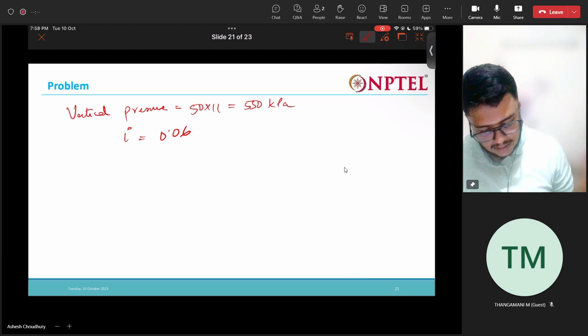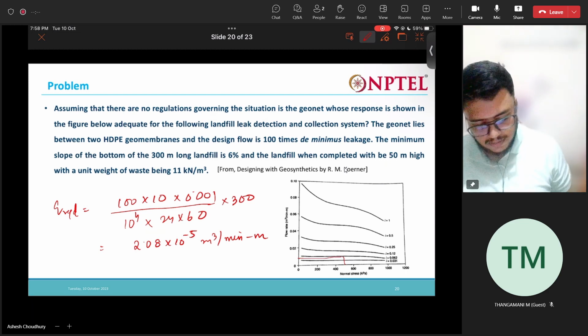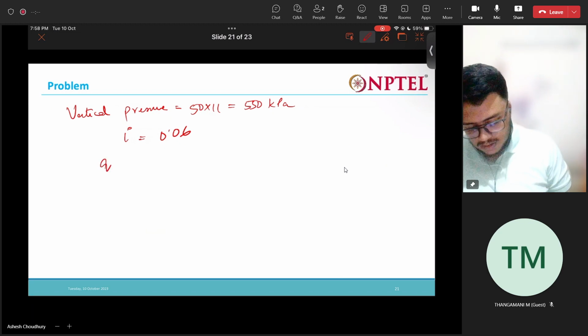Now from this graph, we can approximately get the value of Q ultimate.